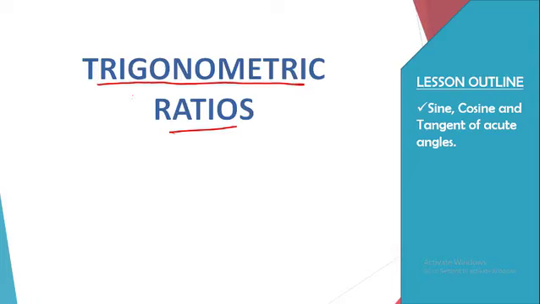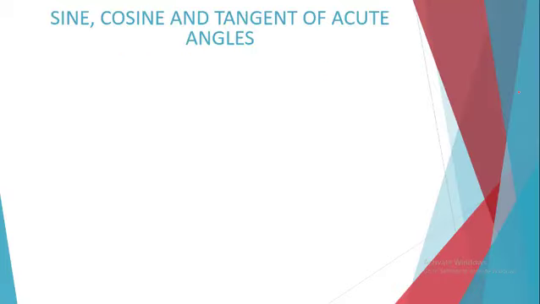Welcome back. In this lesson we'll be looking at the sine, cosine and tangent of acute angles. Let us start with the definition of acute angles. What are acute angles?